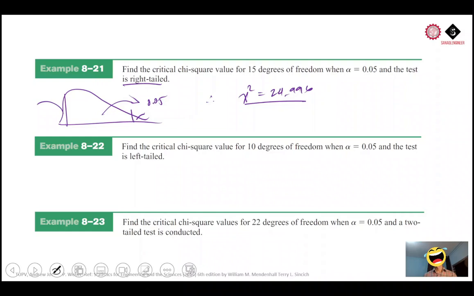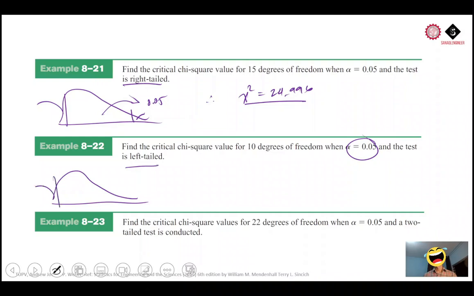Next example, find the critical chi-squared value for 10 degrees of freedom when alpha is 0.05 and the test is left-tailed. Okay, so even though the alpha is 0.05, we cannot use 0.05 in table G because it is left-tailed.